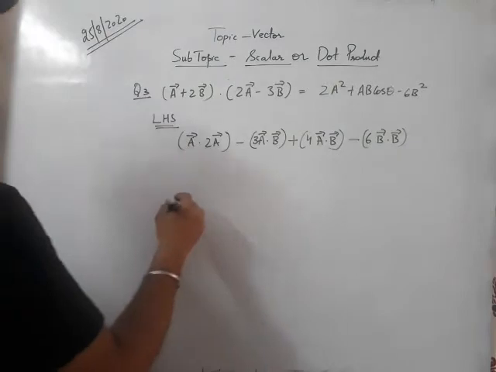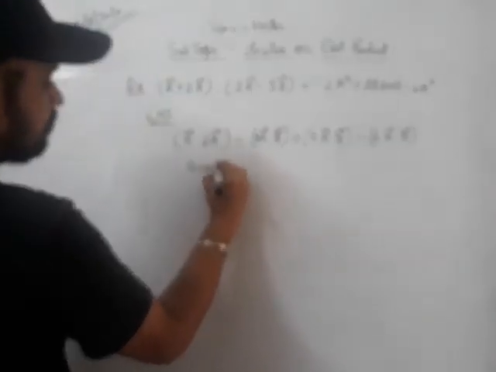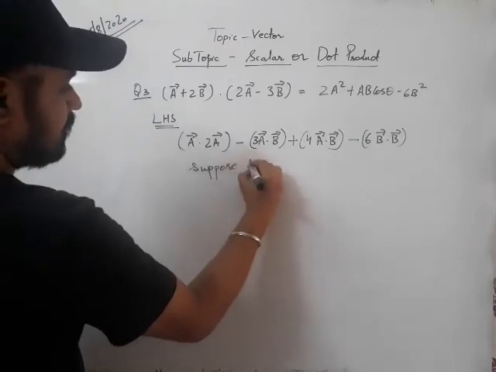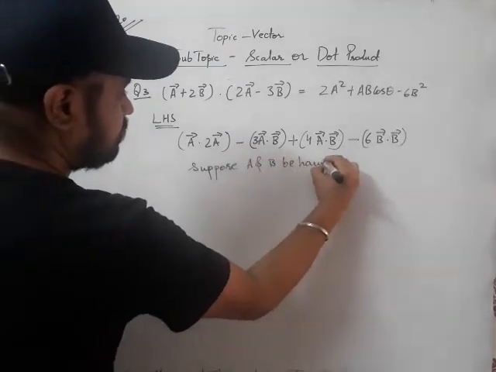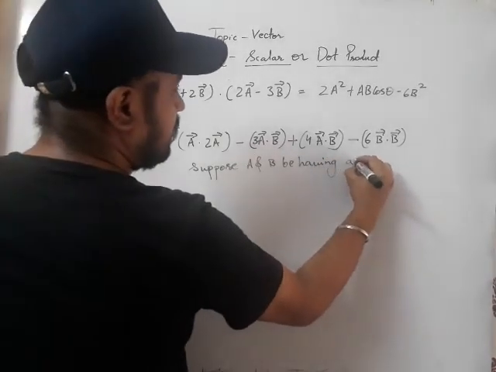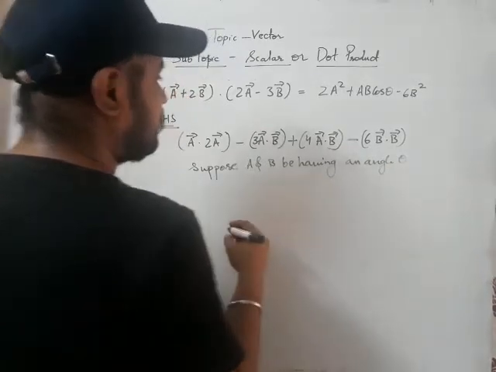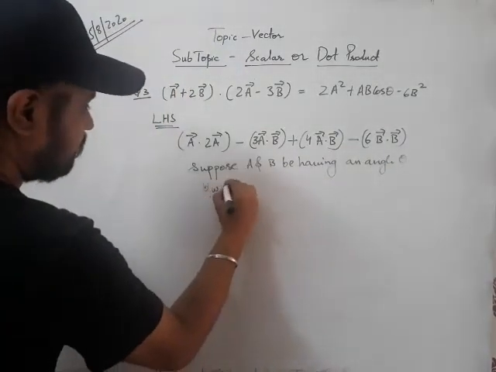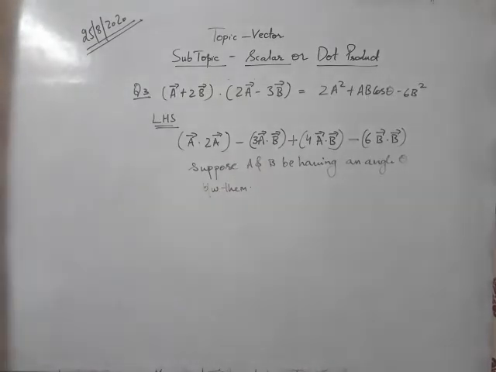Now kindly see, suppose A and B having an angle theta between them. Let us suppose that A and B are having an angle theta between them.